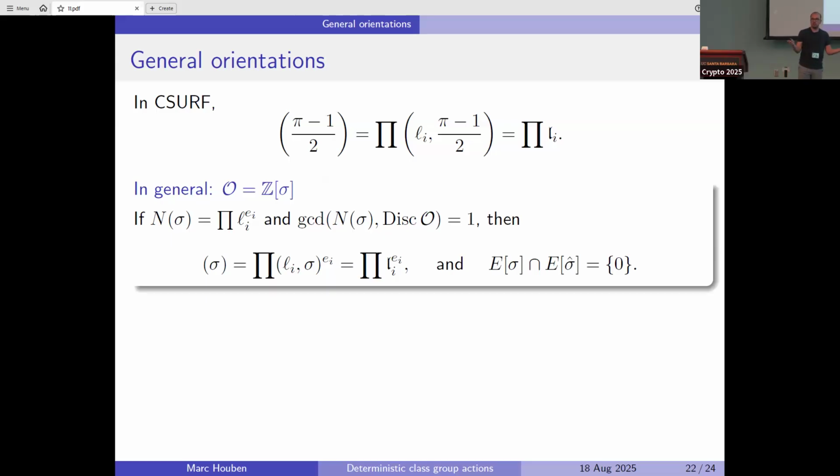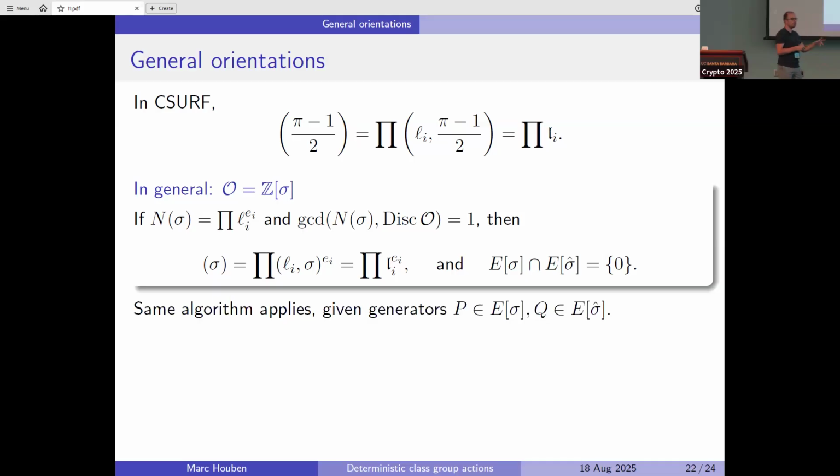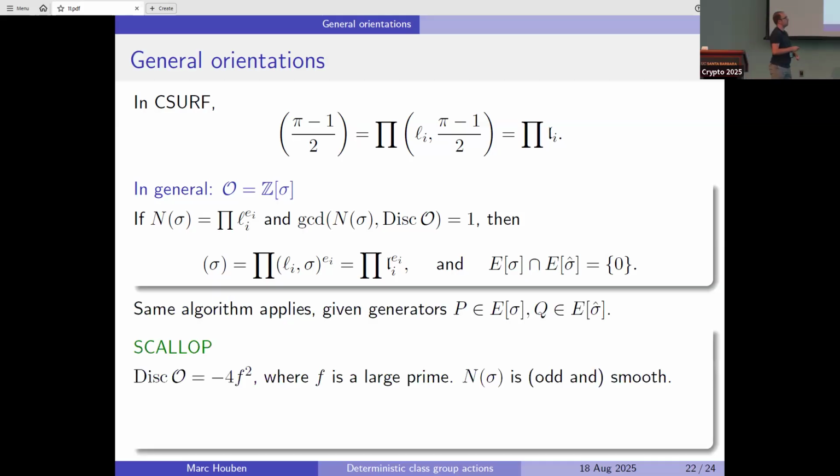So whenever you have an endomorphism that factors into small degree prime ideals, and assuming that it has a trivial intersection with the dual, this algorithm always works. So in particular, it applies to more general situations, such as the SCALLOP orientation.